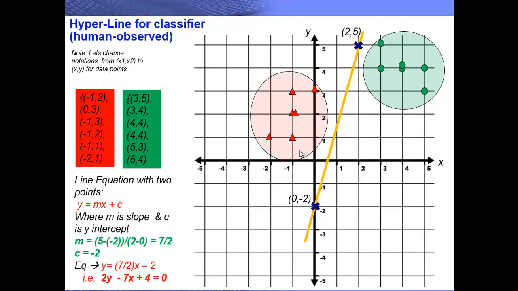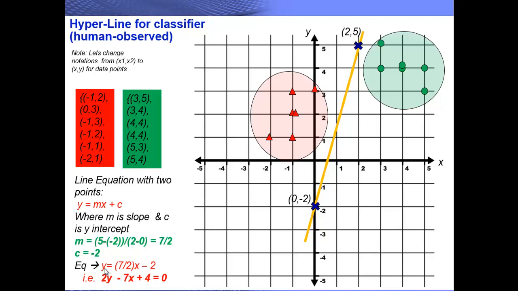And slope we can calculate because we have two points: (y2 - y1) divided by (x2 - x1), that means (5 - (-2)) = 7, divided by 2 - 0, so 7/2. So the slope is 7/2 and the y-intercept is -2. Putting these two values in the standard equation, we get y = (7/2)x - 2.